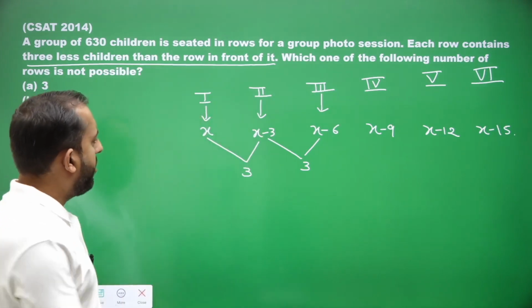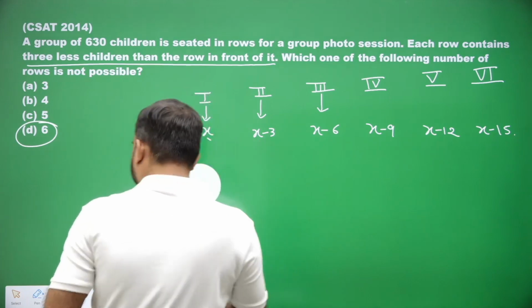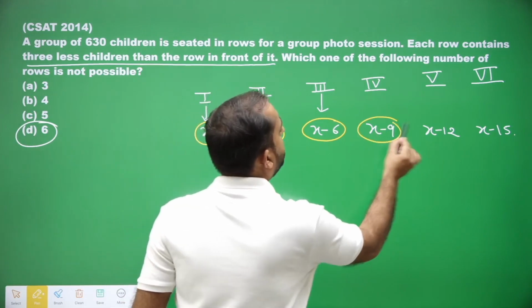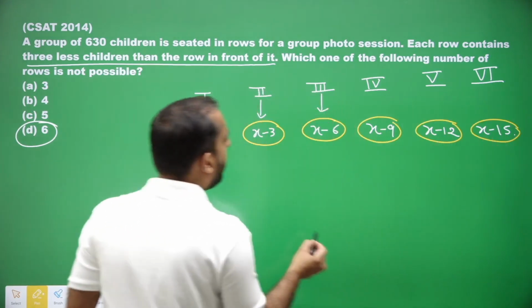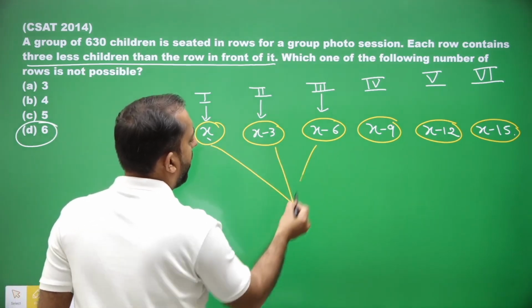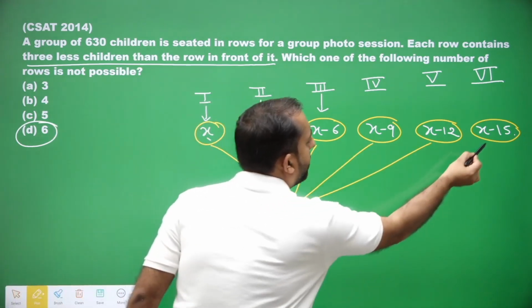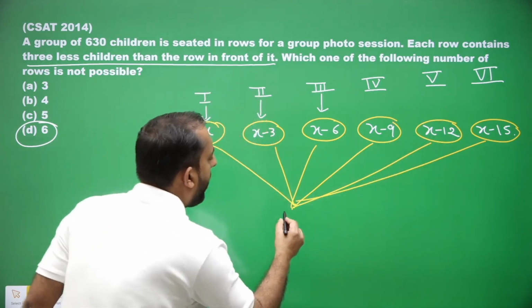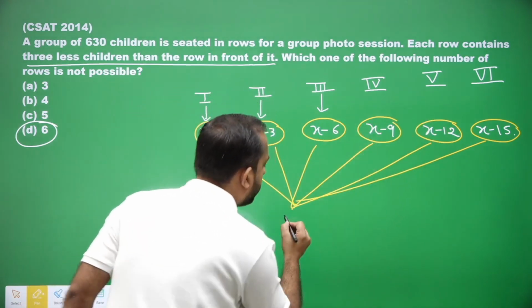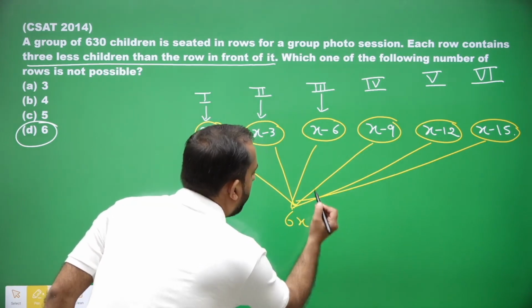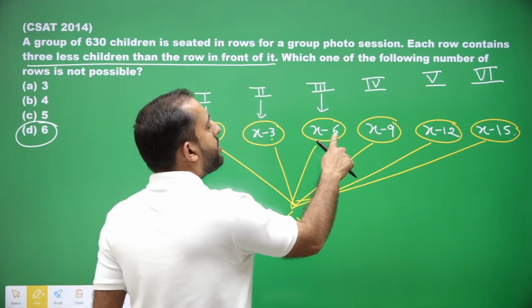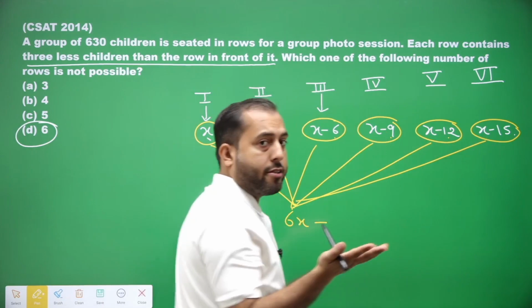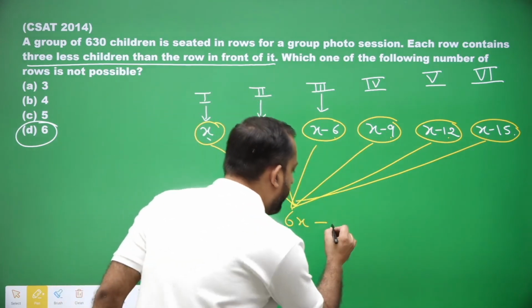Let's assume this. Now if I add all the children of the 6 rows, I will get 6x minus 3 plus 6 plus 9 plus 12 plus 15, which is 45.